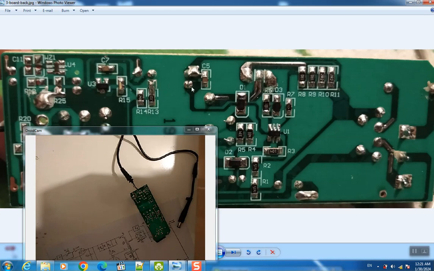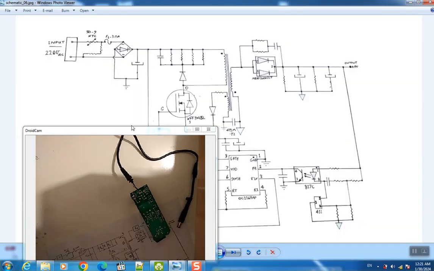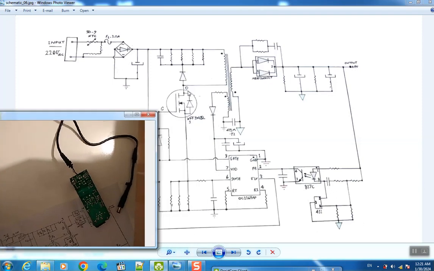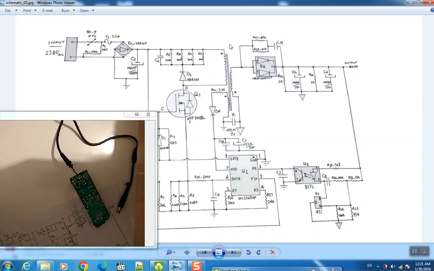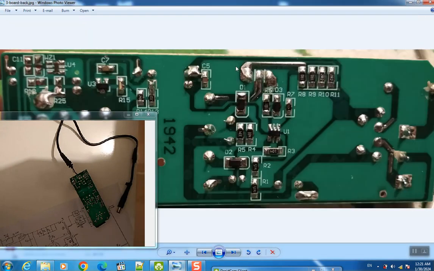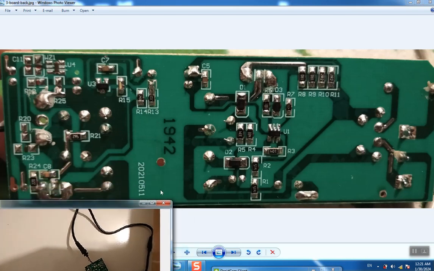As I said, 870 is located under the capacitor on the backside of the board. And also this transformer, which we can find its pins here, this one, and these ones, and this one.